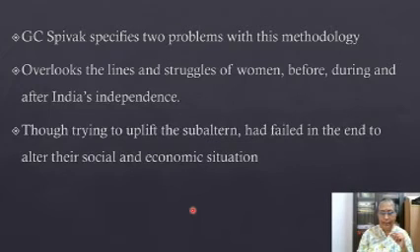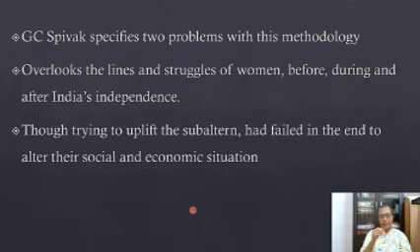This is why Gayatri Spivak comes up with a new project, and also about speaking about the people and also the struggle of women, and the uplifting of the social and economic situation of the subaltern, and that too after India's independence.